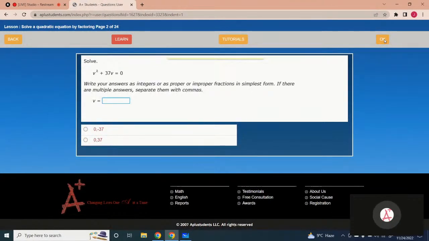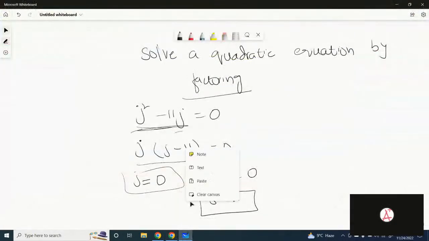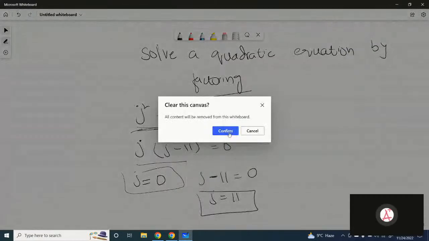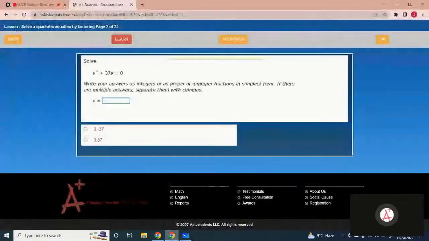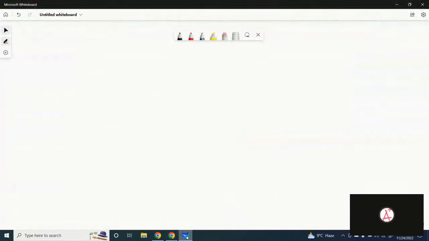Okay, v square minus 37v equals 0. Minus or positive? V square positive 37v equals 0. You have to take common v from here and you are left with v plus 37 equals 0.